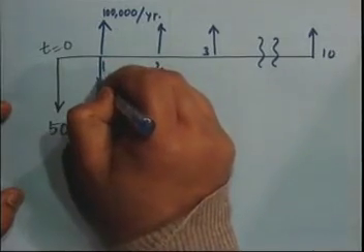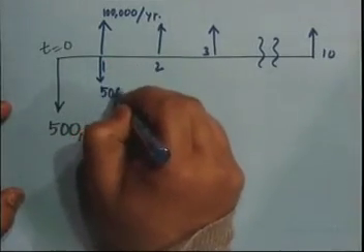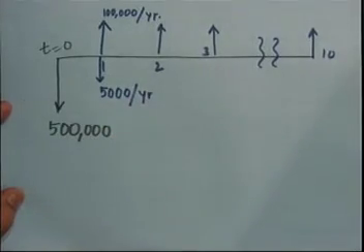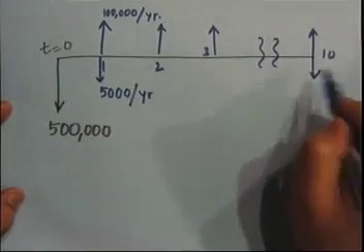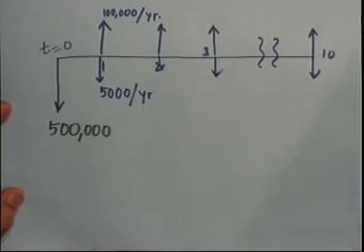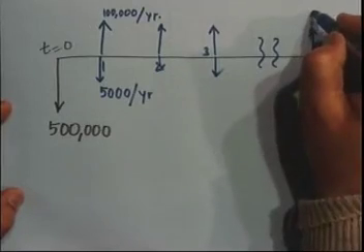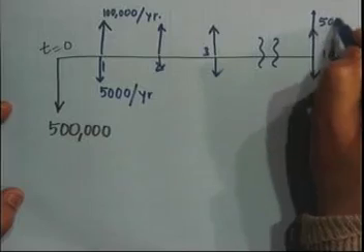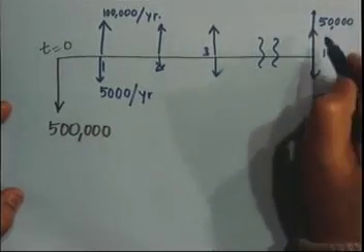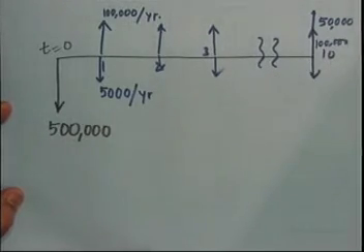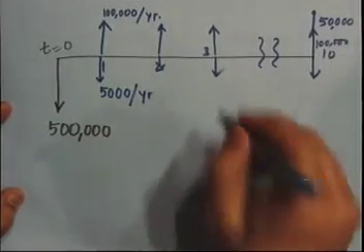So, I show it on the negative side, this is 5,000 every year for the next 10 years. The salvage value, which you will realize at the end of year 10, is 50,000. Interest rate is 12%.